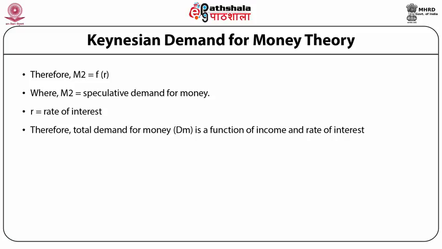Therefore, total demand for money, or DM, is a function of income and rate of interest. That is, DM is a function of Y, R. If income or Y remains constant, then DM is a function of R.